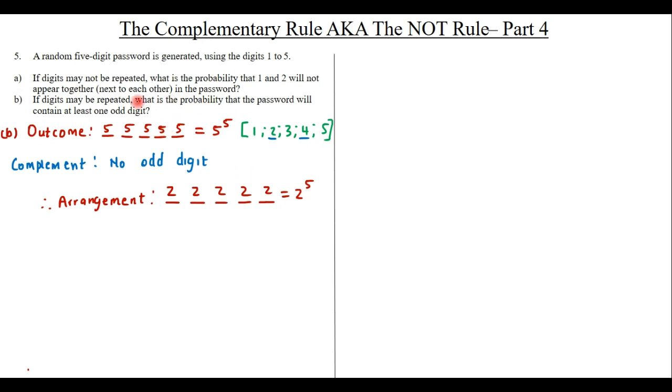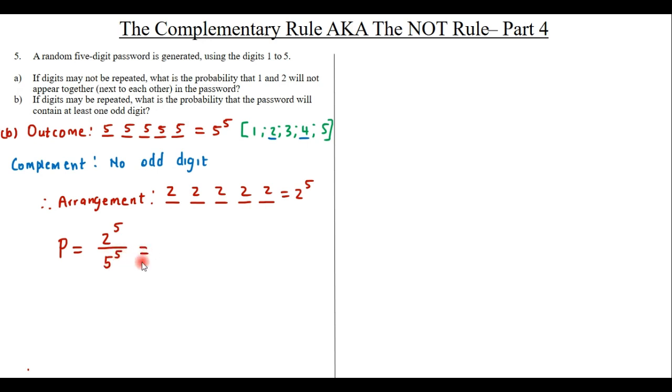Now the opposite, the one that we were actually asked, was not going to be easy for us to get, right? So this is basically what this is all about. So let's go ahead and calculate the probability of this. The probability of this is now easily 2 to the power 5 over 5 to the power 5.